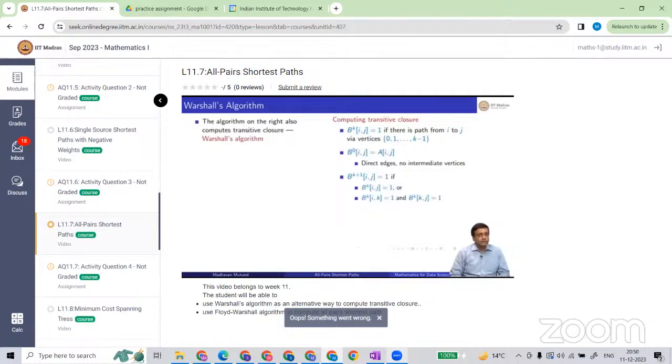Per week weightage I am unable to give, because questions may be in mixed form. Even a single question may contain concepts from two weeks. So in the quiz, weeks 9, 10, and 11 have some weightage more than 25, meaning 28, and the rest is weeks 1 to 8.